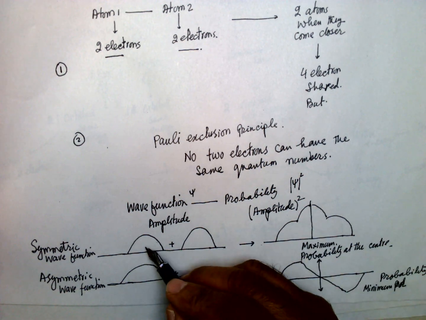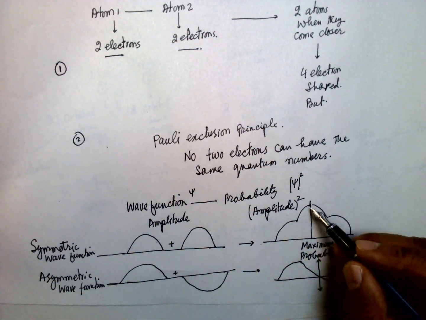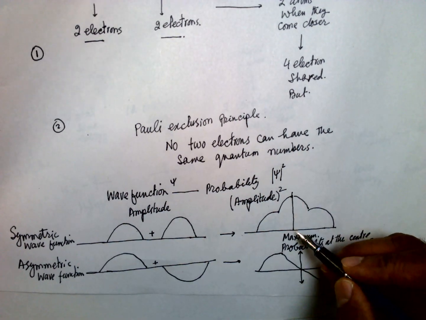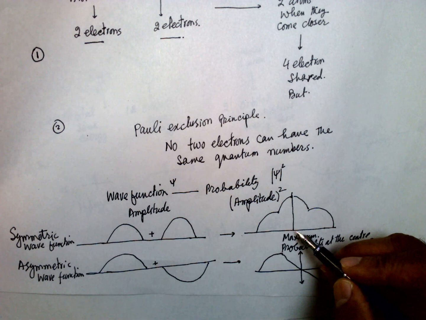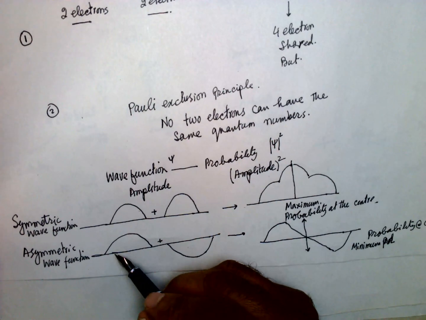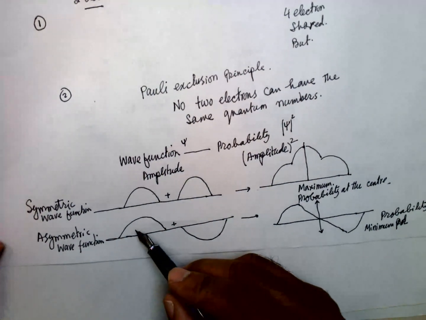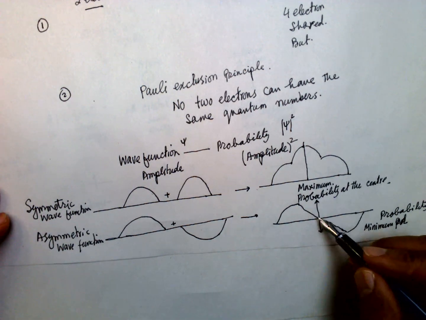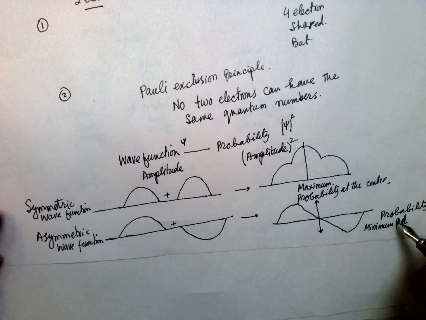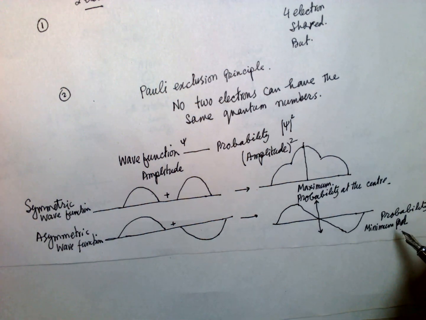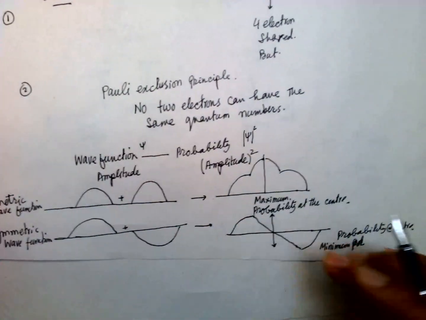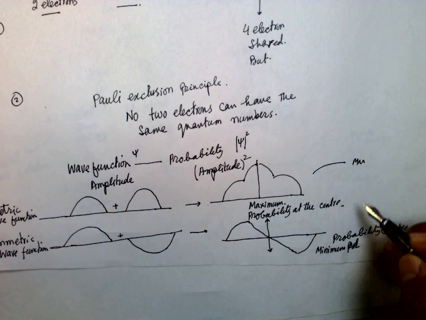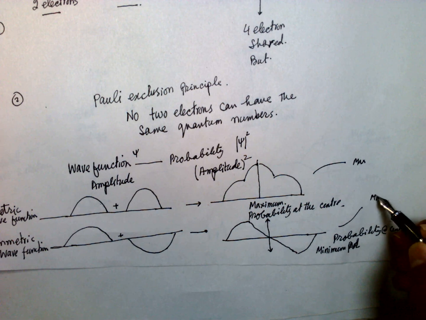This wave function plus this wave function will enhance it, so the probability of finding the electron is maximum at the central point. But if you have an asymmetric wave function, where this is positive and this is negative, they will combine and cancel each other in the center region, so there will be minimum probability of finding the electron in the center region. So here is a maximum probability, and here is a minimum probability.